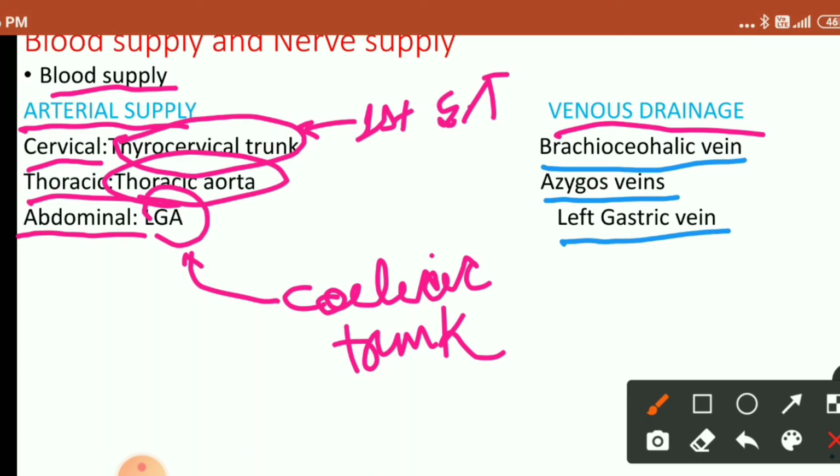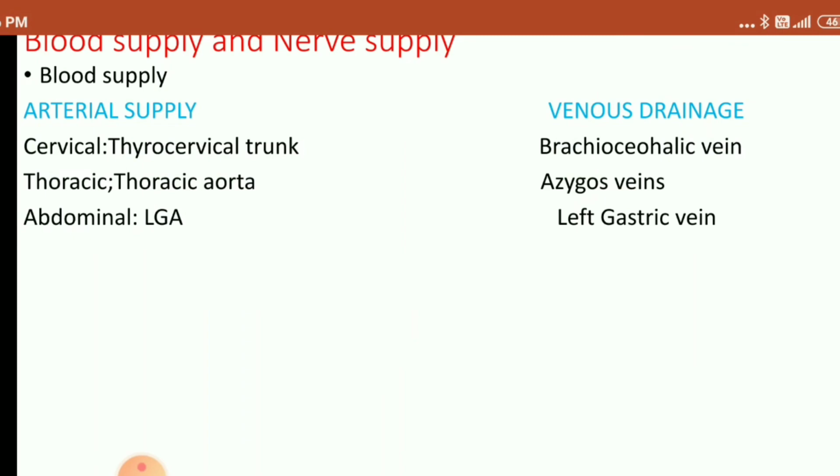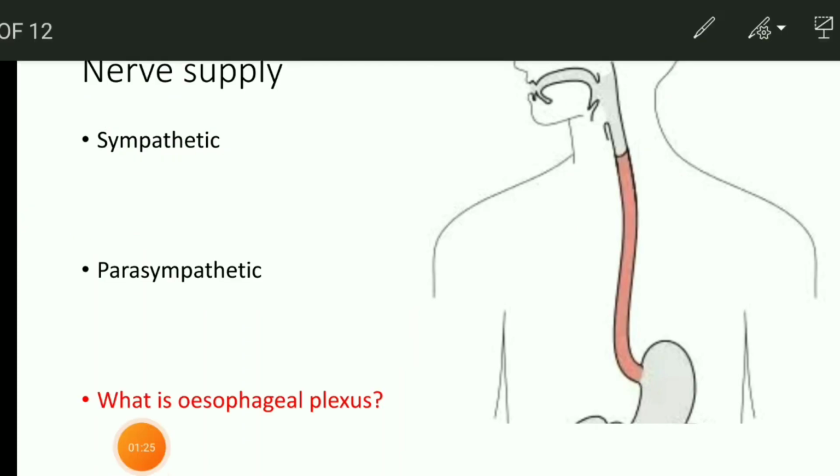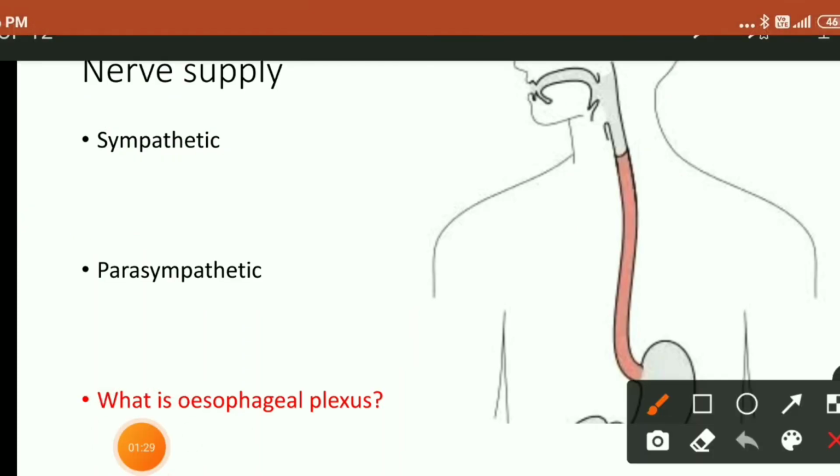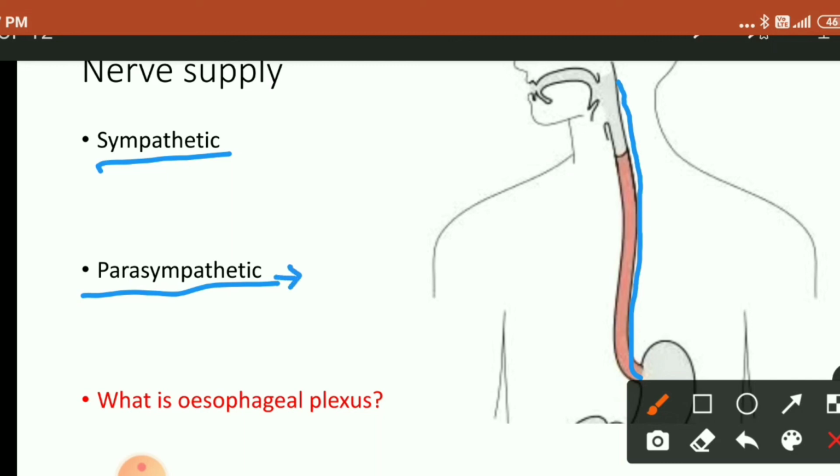Okay, now let us come to the nerve supply. Under nerve supply we mainly discuss sympathetic and parasympathetic, because we know that the esophagus is mainly controlled by the autonomic nervous system. First we come to the parasympathetic part.